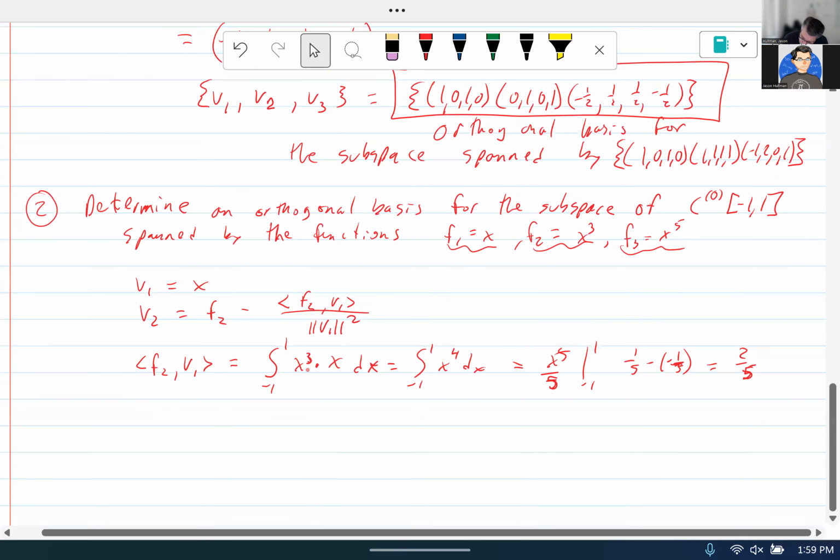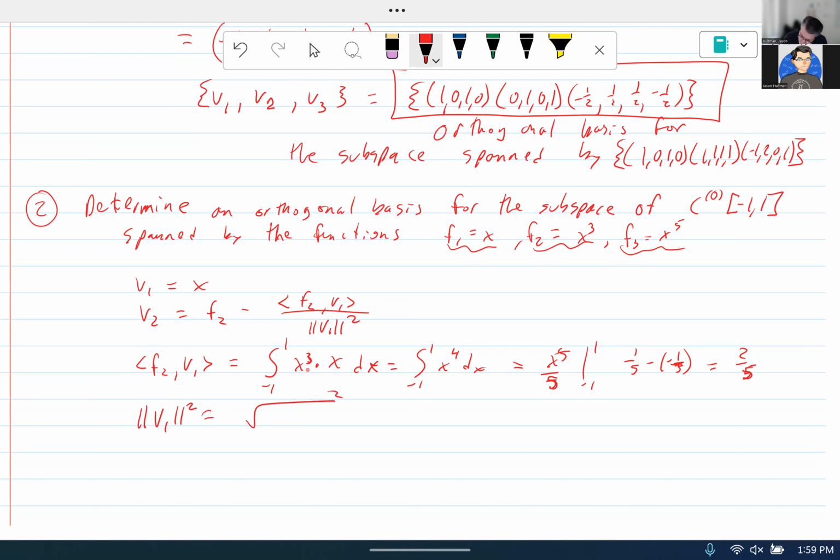What about the magnitude of v1 squared? Well, this is going to be the square root squared, so those undo each other, and it's just the inner product of v1 with v1. So this is the integral from -1 to 1 of x times x, which is x squared dx.